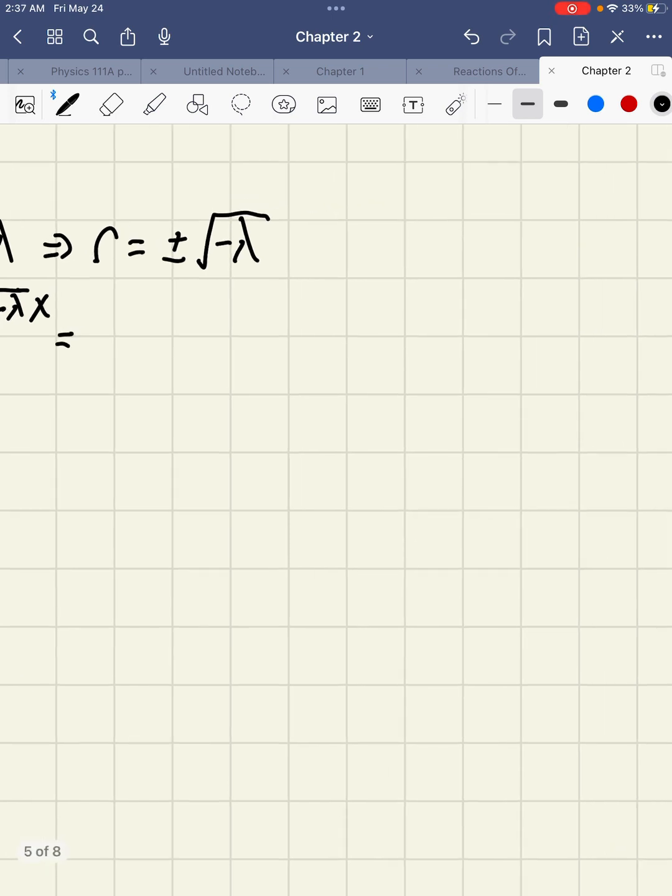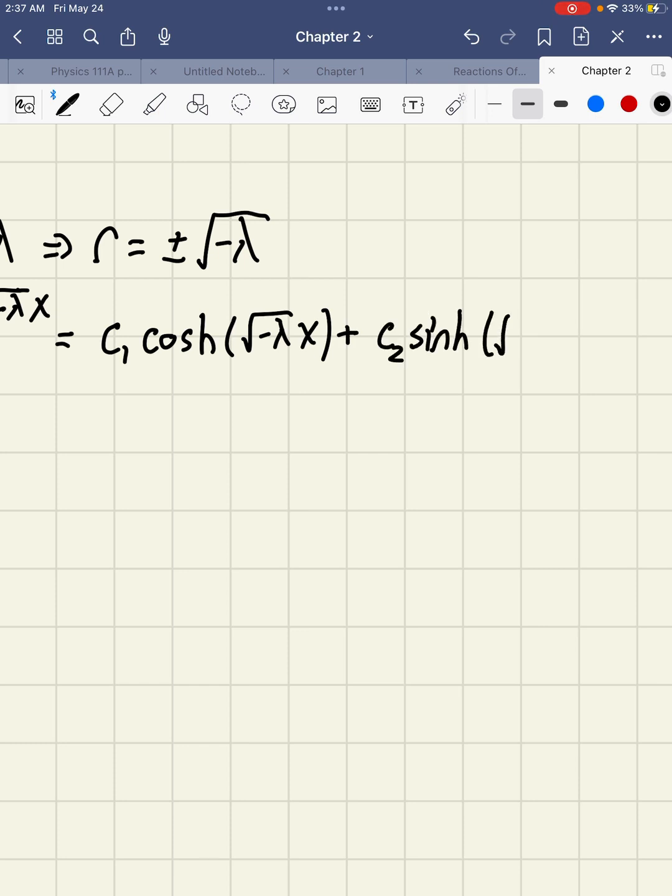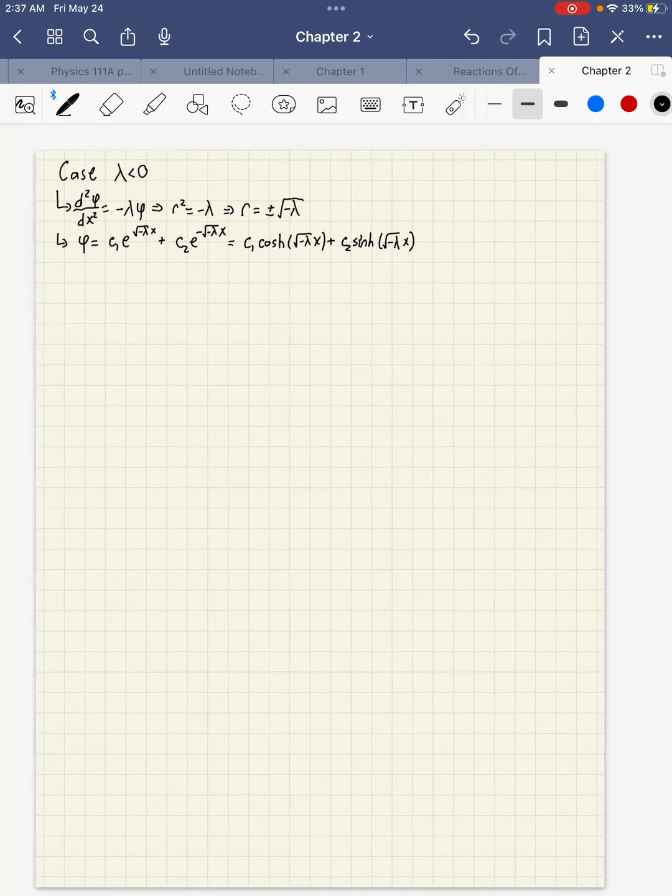So I can rewrite this as C1 cosh of square root of negative lambda x plus C2 sinh of square root of negative lambda x. Okay.